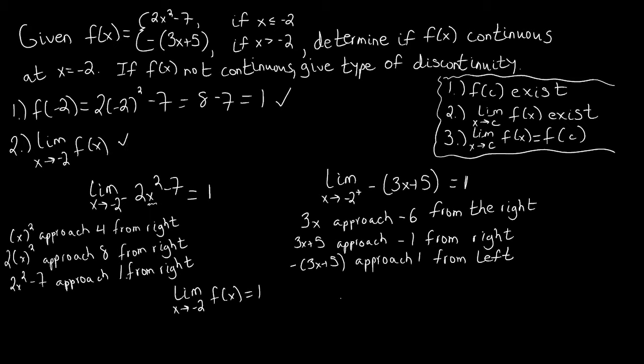Seeing part 3, we ask, does the limit of f of x as x approaches c match the value that we get if we plug in c into f of x? And the answer is yes. We get 1 here, and 1's the limit. Number 3 checks out, so f of x is continuous at x equals negative 2.